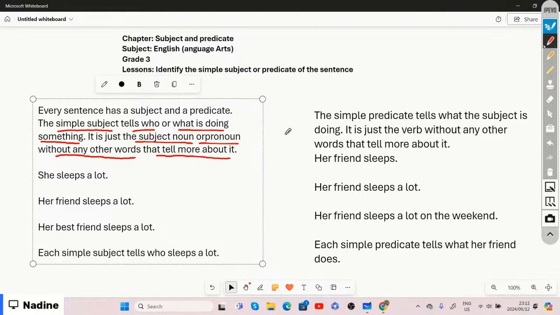We need to identify the noun or the pronoun within that simple sentence to tell us who or what is doing something. It says she sleeps a lot, and if we identify who does something, it is she.